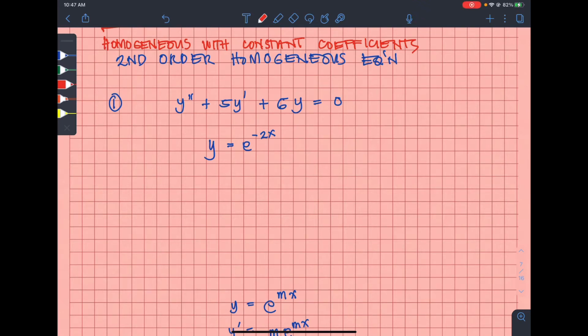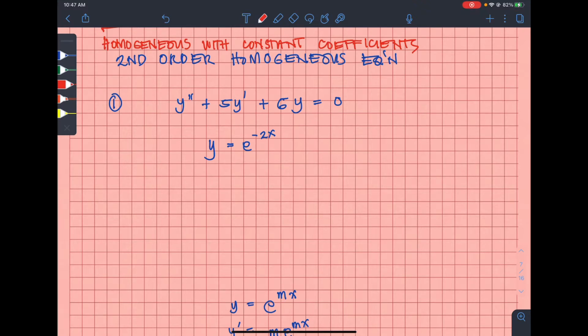Okay, so let's proceed with homogeneous with constant coefficient. As you can see here, the lowest among the higher order differential equations would be the second order homogeneous equation.